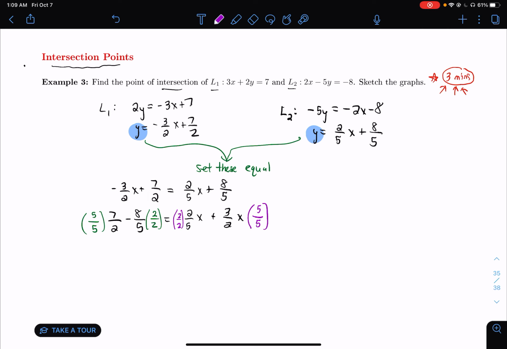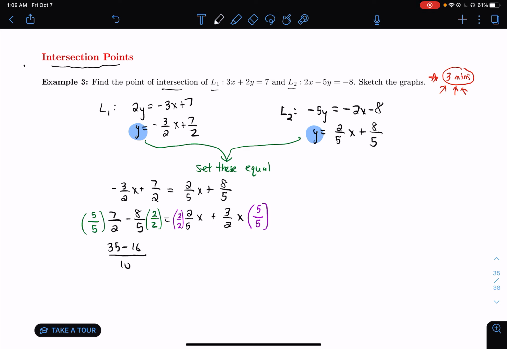Doing this, on the bottom of the left side I get 5 times 2, which is 10. And then 5 times 7 was 35, minus 8 times 2 is 16.